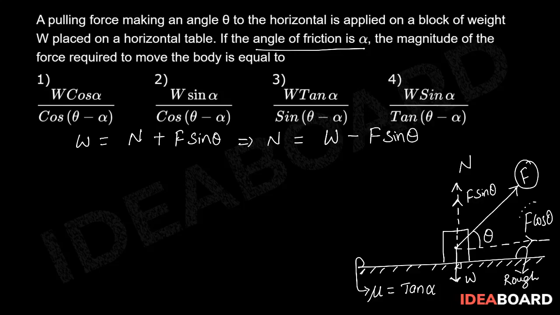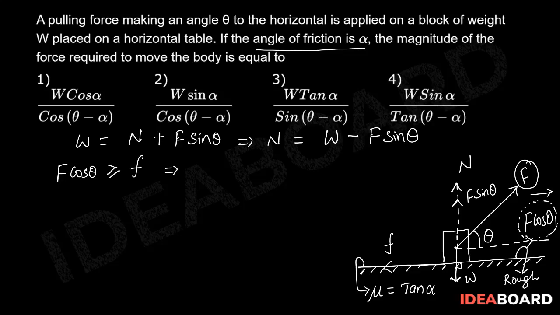Now F cos theta causes the block to move towards right. So frictional force acts towards left. Now for the block to move in forward direction, F cos theta should be greater than or equal to frictional force.